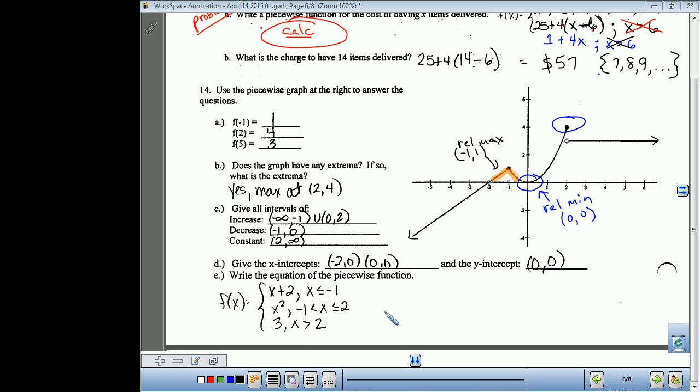Yes, ma'am. For the first equation, x plus 2, I put x plus 2 in parentheses, that's plus 2. Is that wrong? Okay, oh, I see why that's wrong.